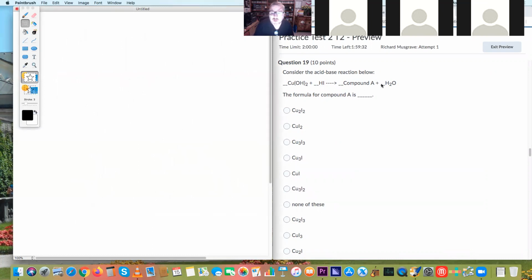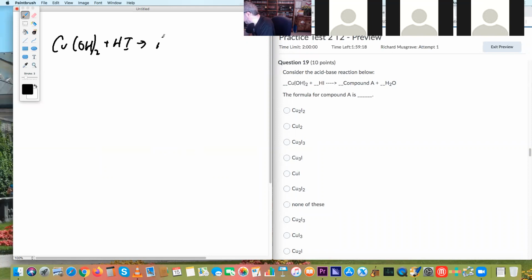So you can see that we get the compound A and we get water as well. So what we do is we take our compounds here, and we know we're getting A plus H2O. We draw these out. We're always going to have OH minus and we're always going to have H plus.